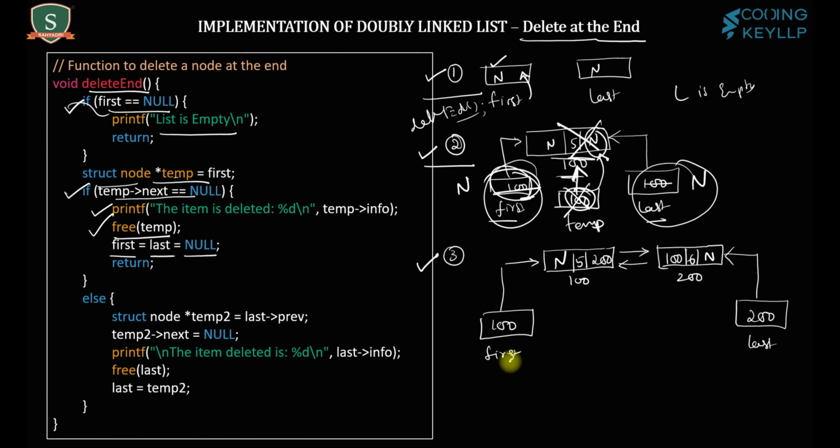Next, first is equal to 100 with more nodes. Again we are calling the delete end method. What happens when you call it with first equal to 100? First is equal to null, the condition failed again.